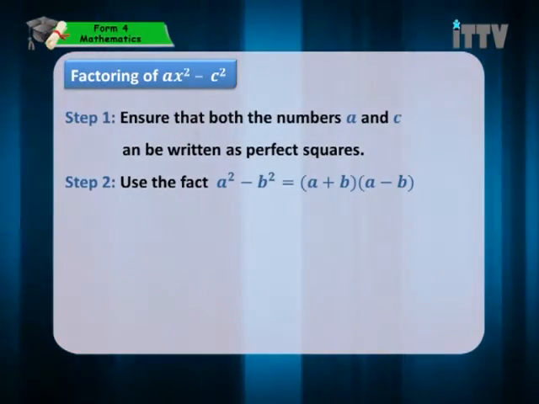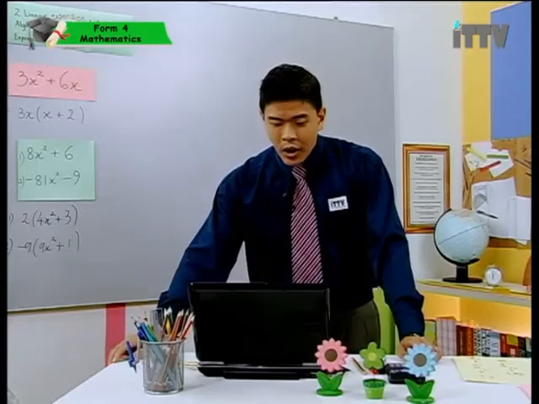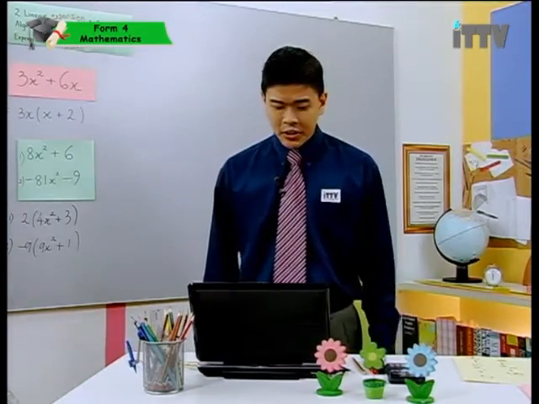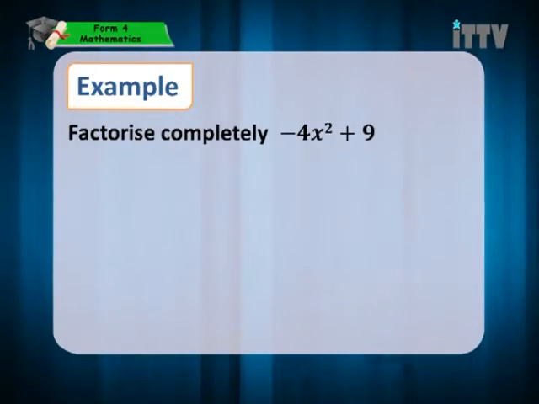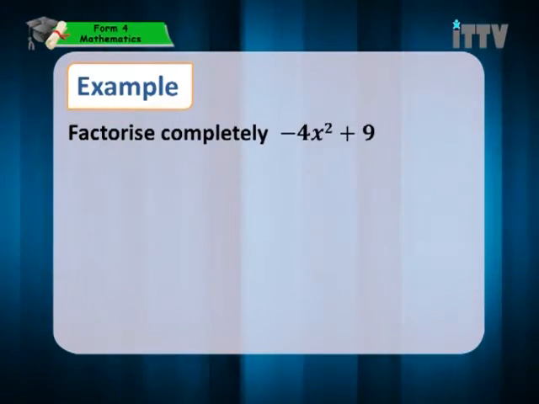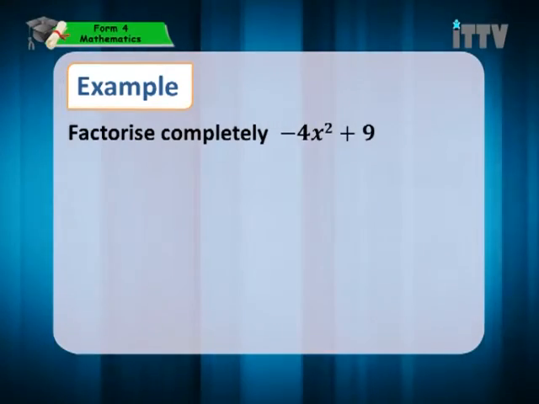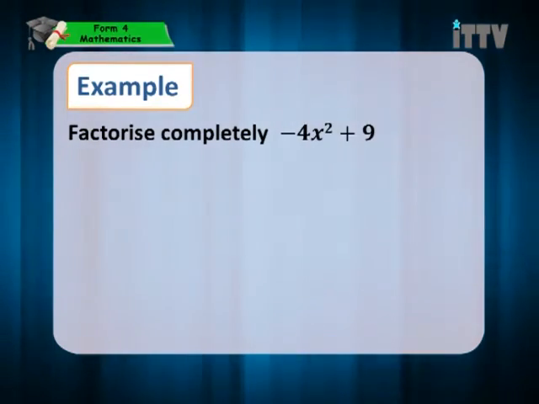Alright, so there are two steps for this kind of factorization. Alright, now let's look at the example that relates to this category. Factorize completely negative 4x squared plus 9. Alright, and this belongs to the third category.